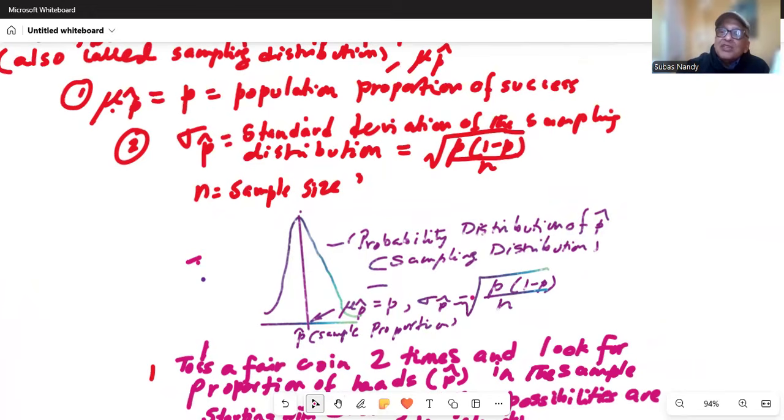Mu p hat is equal to p. That is the way we get the population proportion of success without contacting the entire population of size 10,000. That is the advantage of the central limit theorem. It helps us characterize the population characteristics, in this case p, the population proportion of success, without contacting the entire population.